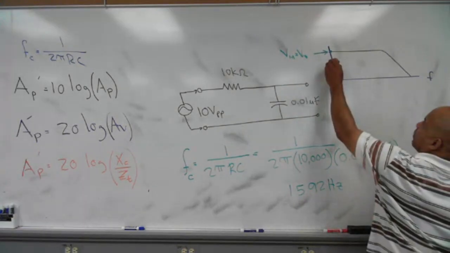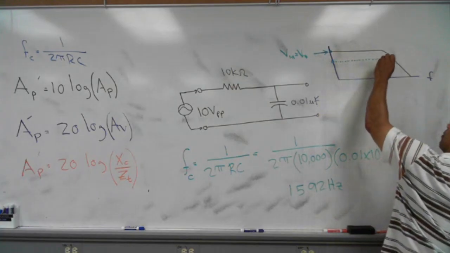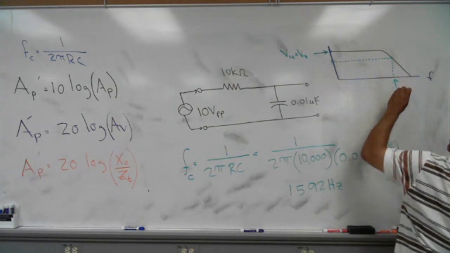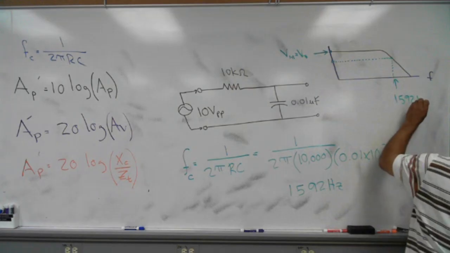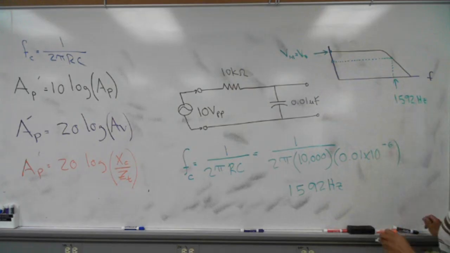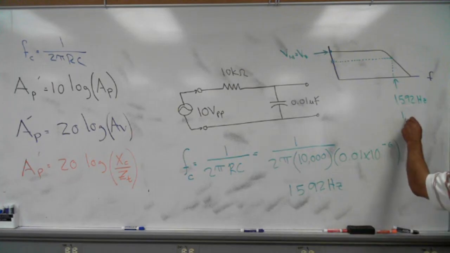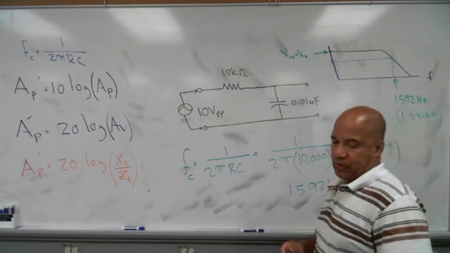So if I go down to this point, that's my 0.707 point, and I come over here, intersect and drop down, then I know that that point right there is 1592 hertz, 1.592 kilohertz. Okay, so that's what I know. All right, so that's A.